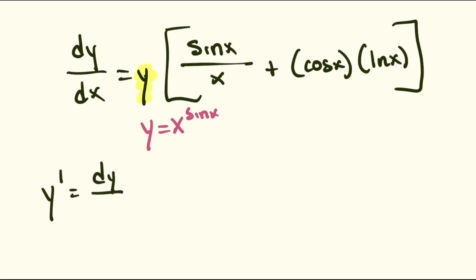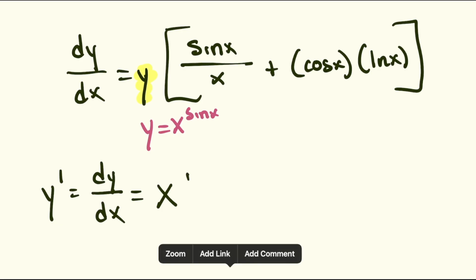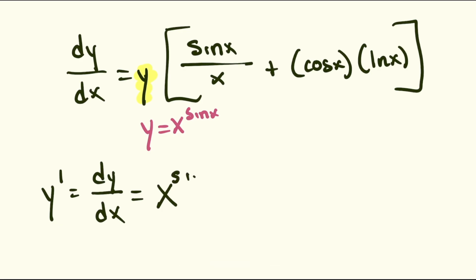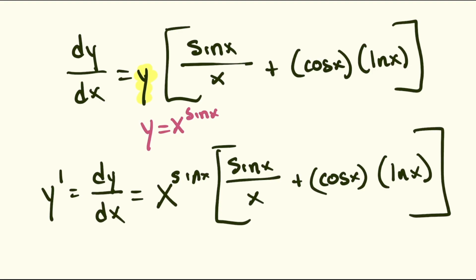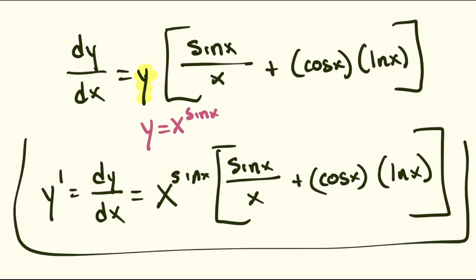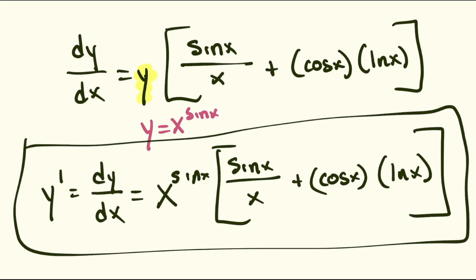So our y prime is dy dx, and we're going to substitute that in there: x to the sine of x, and then we're going to throw the rest of our equation in here, times sine of x over x plus cosine of x natural log of x. There we go. And here is our solution for our y prime that we were looking for.